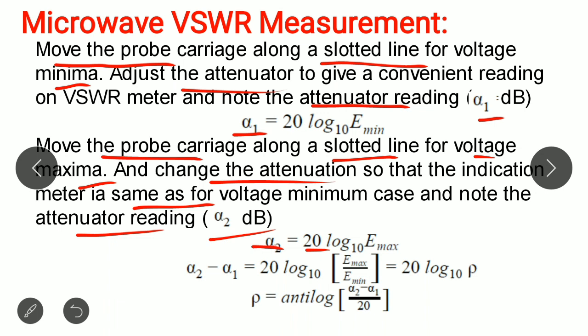Now taking the difference, alpha 2 minus alpha 1, that is 20 log to the base 10 of E max divided by E minimum. This equals 20 log to the base 10 of rho, and from this we find the value of rho, that is the anti-log of alpha 2 minus alpha 1 divided by 20.